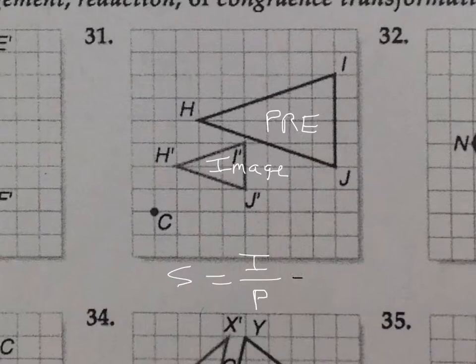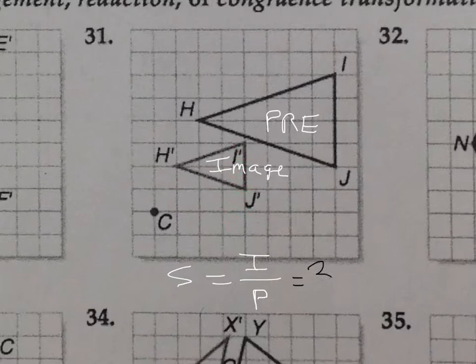So this one's actually pretty easy. A length on the image, we could pick any part of the image and find out how long it is. The easiest part of the image to find is the distance between I and J prime. It's only 2 spaces.